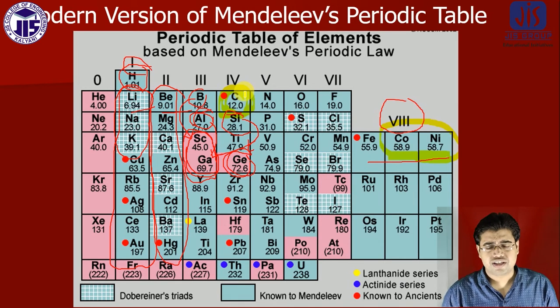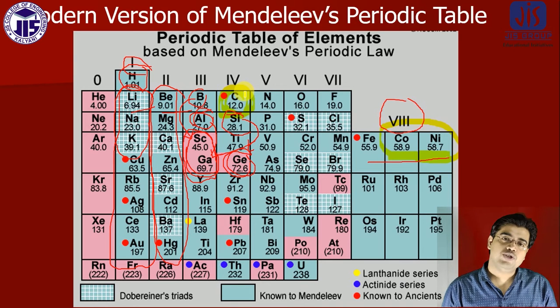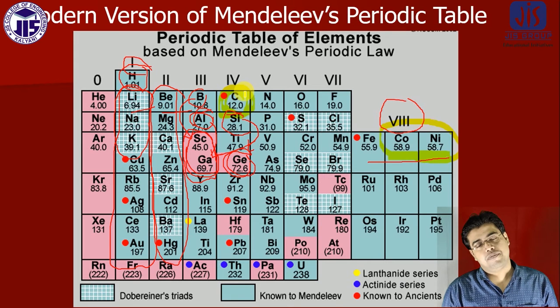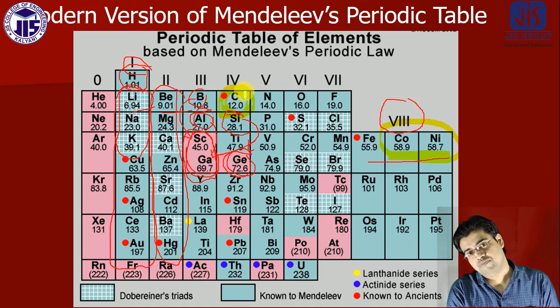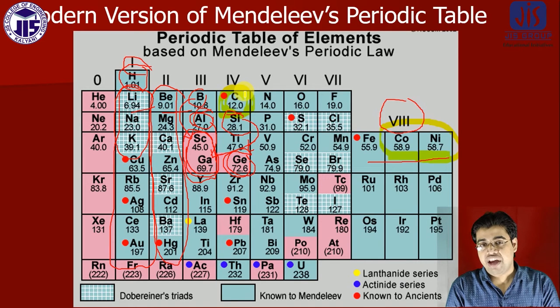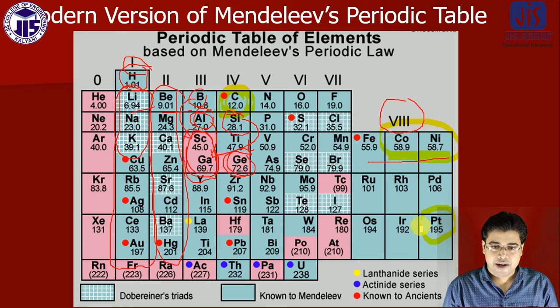The next limitation is this: according to Mendeleev's periodic table, elements which have similar types of properties are placed in the same group, or same column. But look here, we all know very well that platinum and silver both have similar properties.